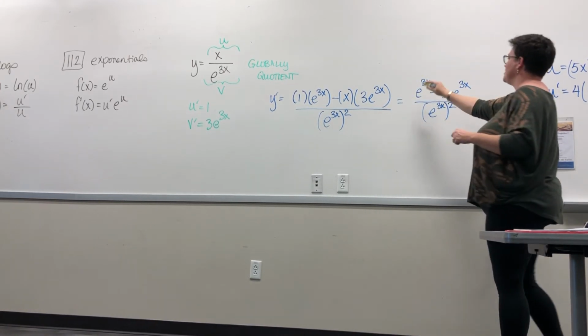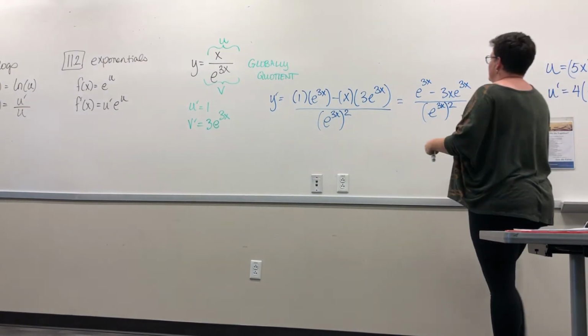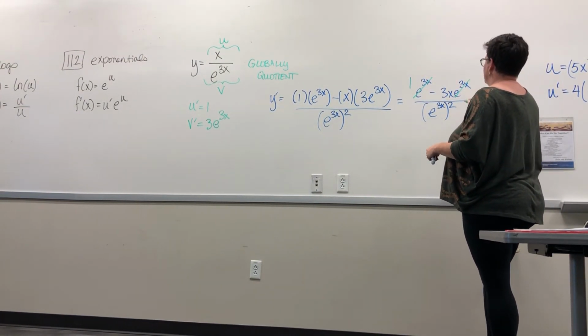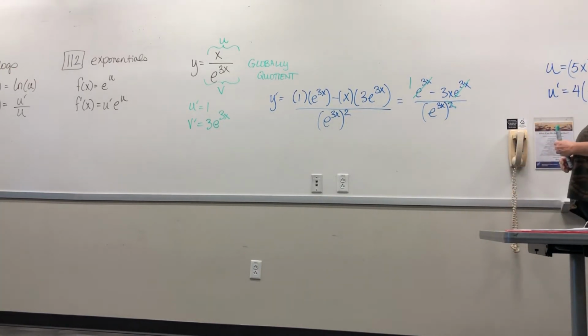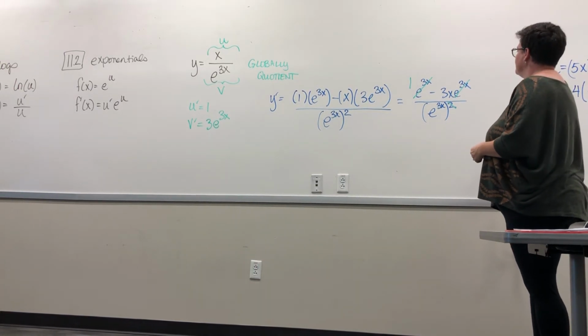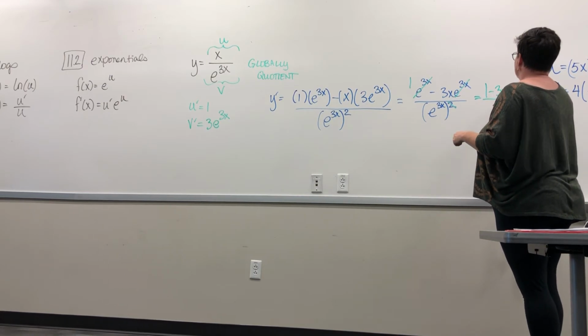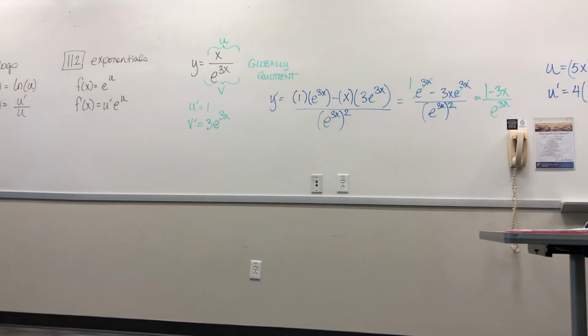What do I have in common with all three terms? Yeah, I can get rid of some e to the 3x's, make this a 1. Are you gonna have to simplify for this unit? No? But you might want to practice trying anyway. So this becomes 1 minus 3x over e to the 3x. Isn't that prettier than that mess over there?